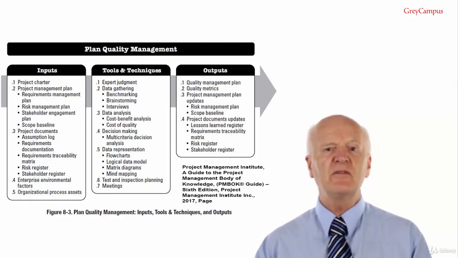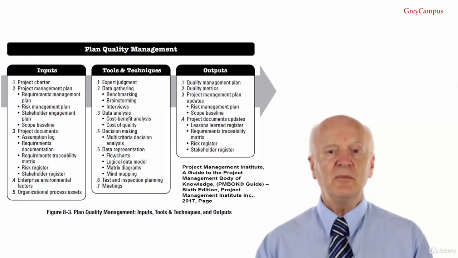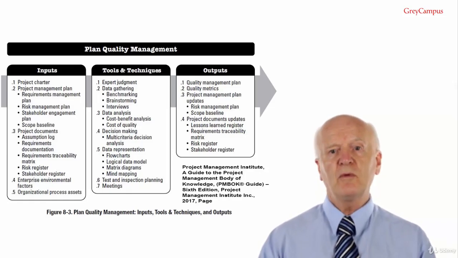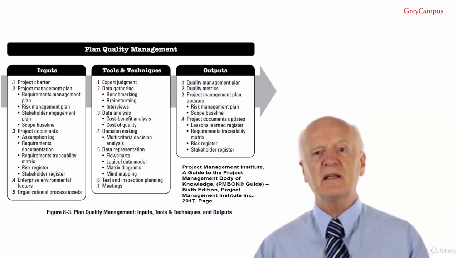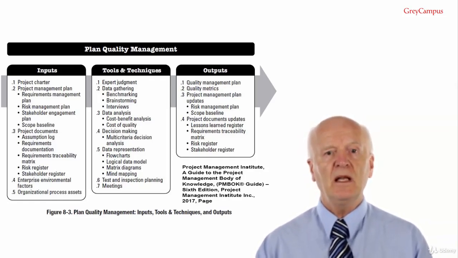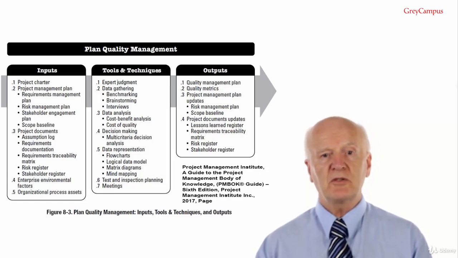The PMBOK guide gives some examples on page 287. Percentage of tasks completed on time, cost performance measured by CPI. CPI stands for Cost Performance Index, which you've learned about in project cost management. Failure rate is another example of a quality metric.